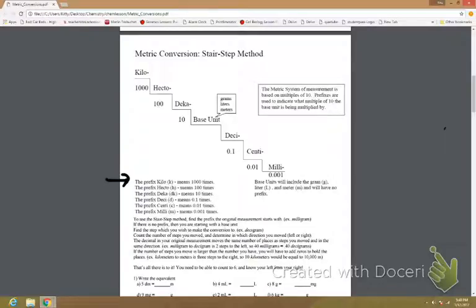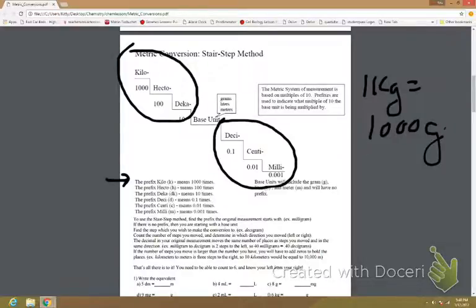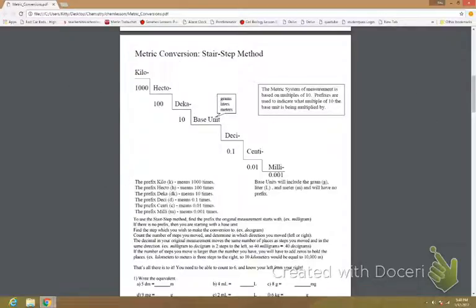Kilo is going to be your largest, and 1 kilogram is equal to 1,000 grams. So all these up here are very large, and all these down here are very small. So you would need a lot of these guys in order to equal the equivalent of these guys up here. So keep that in mind when you're going through all the stuff.